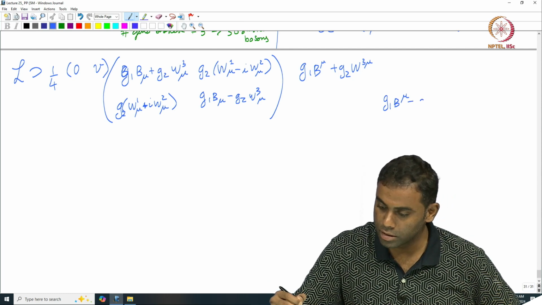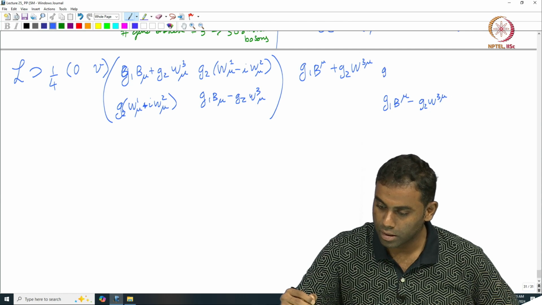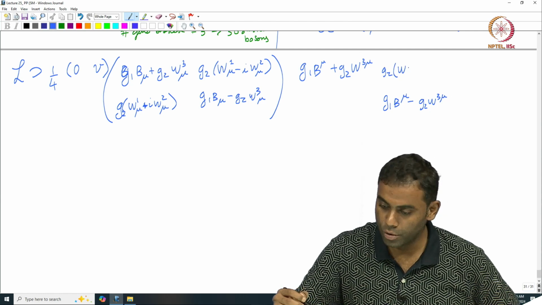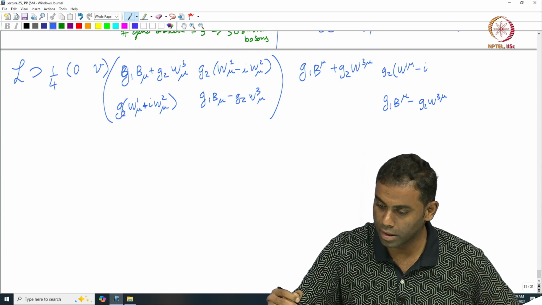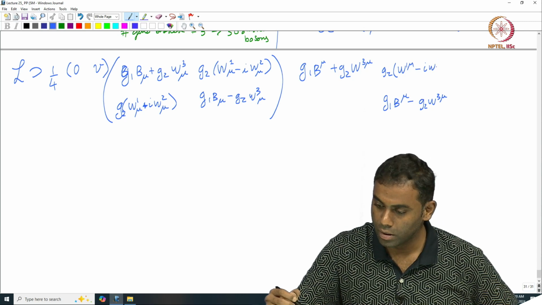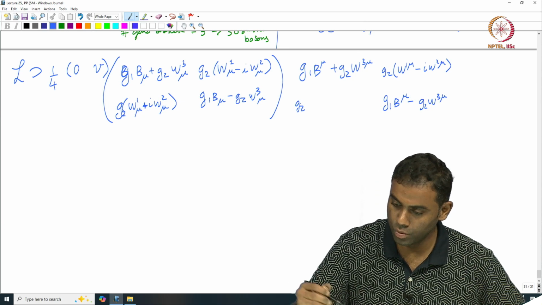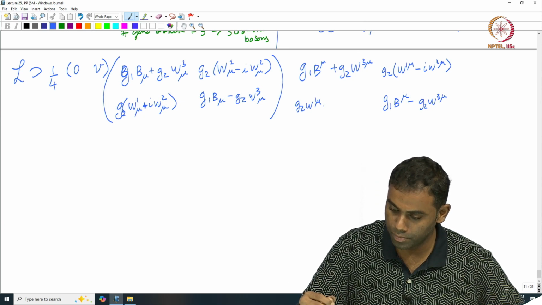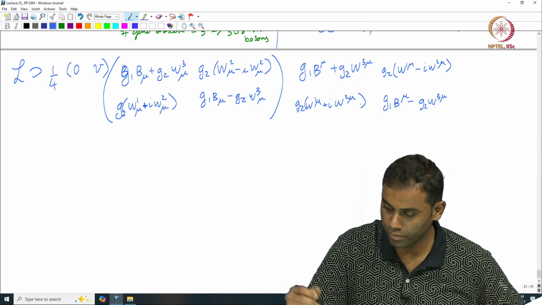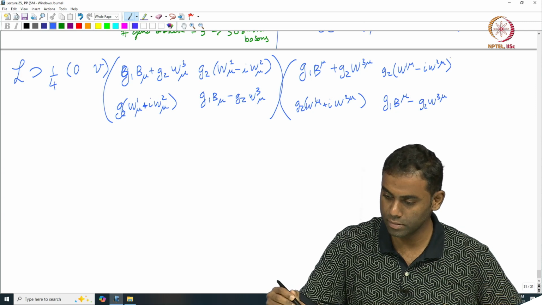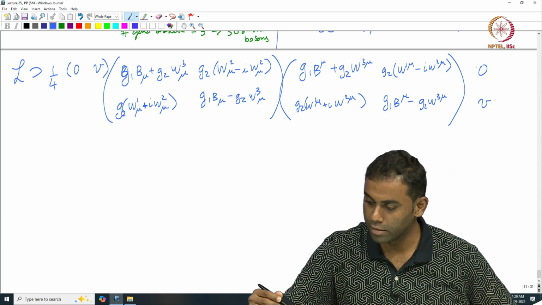Again this is a minus G2 W3 mu, there is a G2 W1 mu minus in this case again W2 mu, and the G2 W1 mu plus I W2 mu. And of course in the end I have a 0 and a V again.